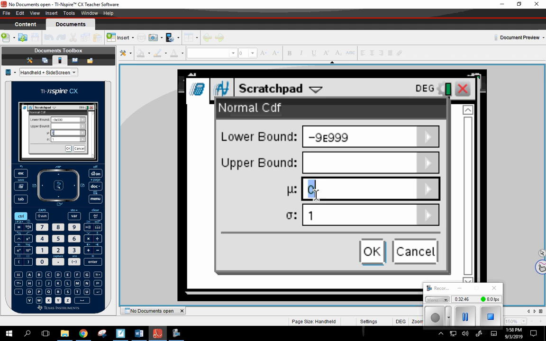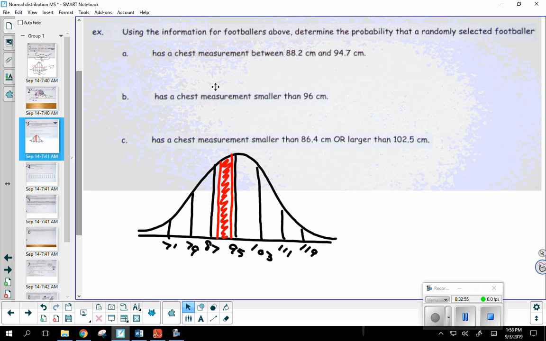Let's go ahead and plug in the mean and the standard deviation. Remember, that was 95. The standard deviation was 8. Now, take a look at your paper. We want to know the chest measurement between these 2 values. So what do you think 88.2 is? That's your lower, so 94.7 would have to be your upper.